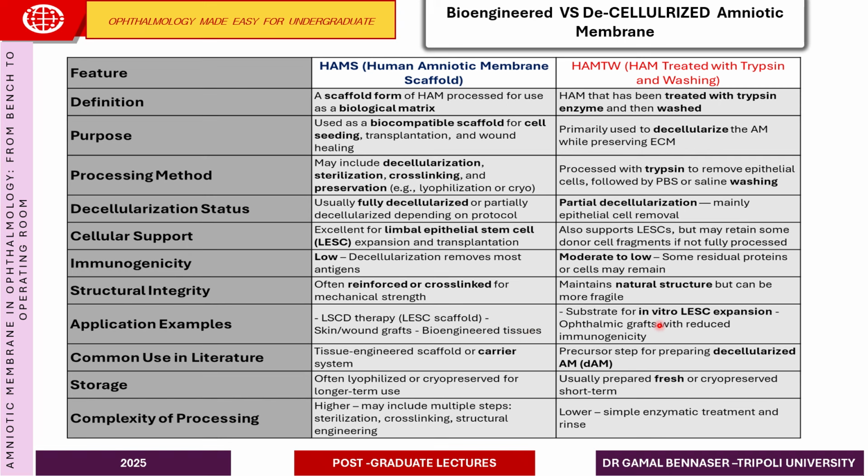However, this one is used as a substrate for in vitro limbal stem cell expansion and ophthalmic grafts with reduced immunogenicity. So this is mainly used in vitro, in laboratory cultures. This one also is used, but this one is more ideal. In the literature, this is a tissue-engineered carrier for the cells. However, this one is a precursor step to prepare for decellularization of the amniotic membrane.